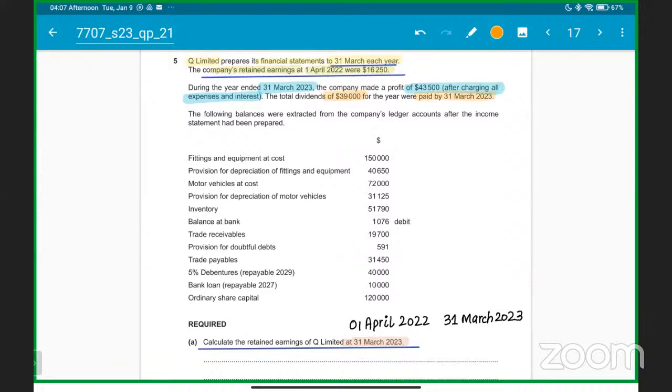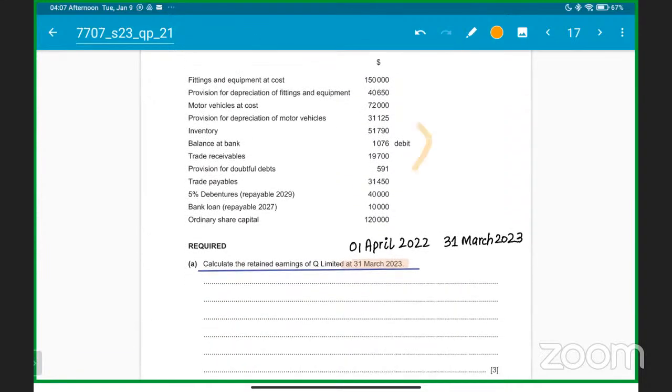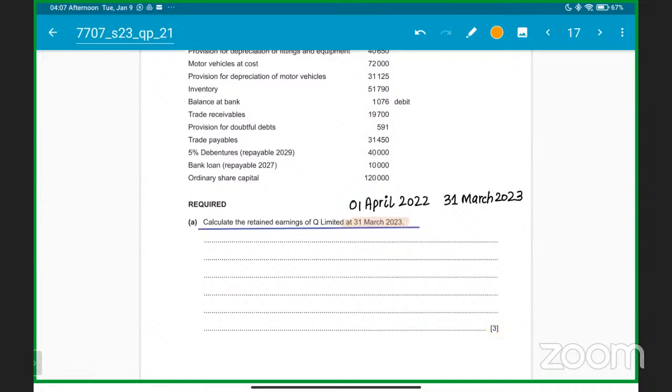Everyone with me, following? So it's very simple, students, for just 3 marks. This is very basic level. They ask this in the AS level with a completely different approach.